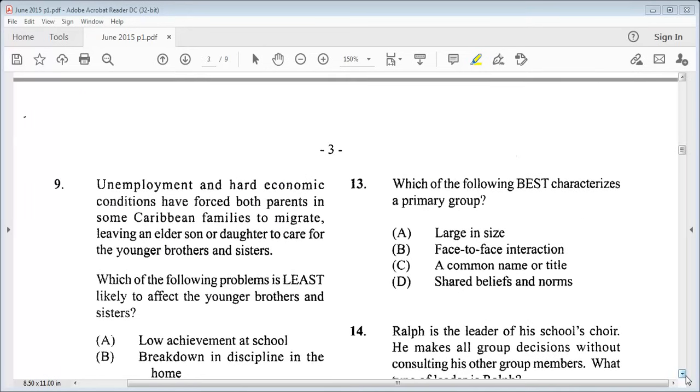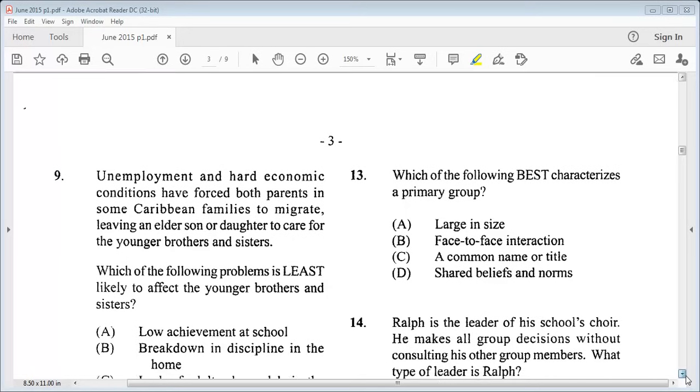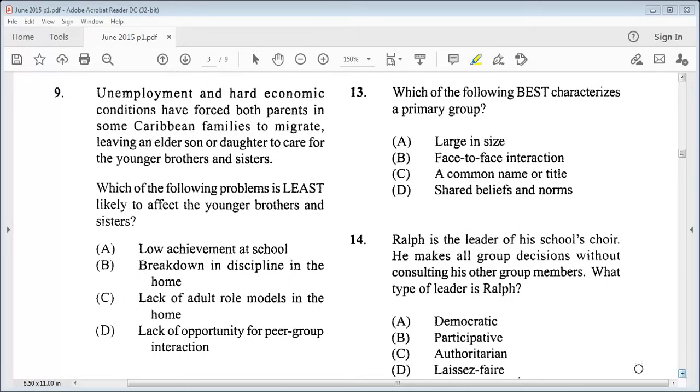9 says, unemployment and hard economic conditions have forced both parents in some Caribbean families to migrate, leaving an elder son or daughter to care for the younger brothers and sisters. Which of the following problems is least likely to affect the younger brothers and sisters? We know it is D, lack of peer group interaction.